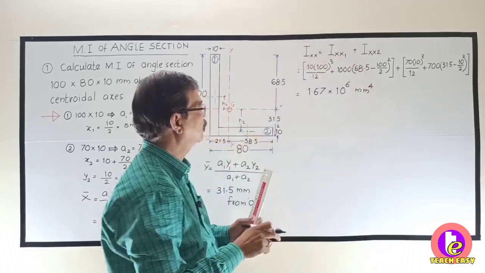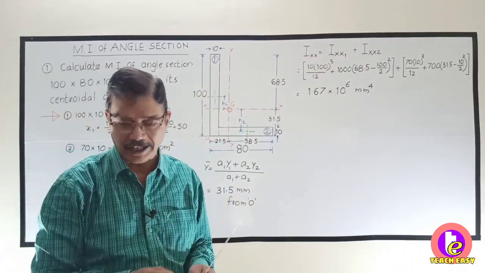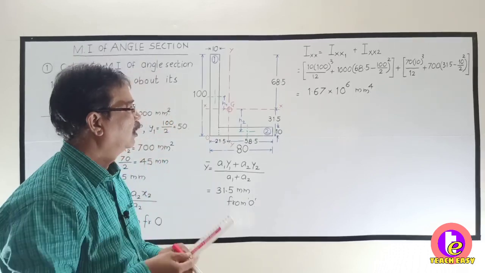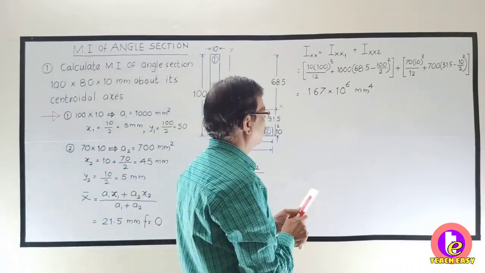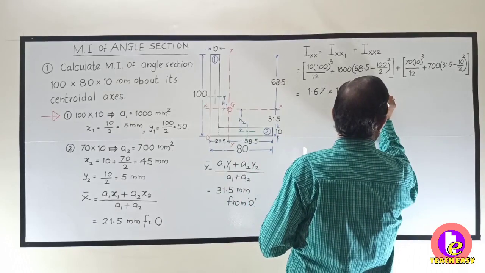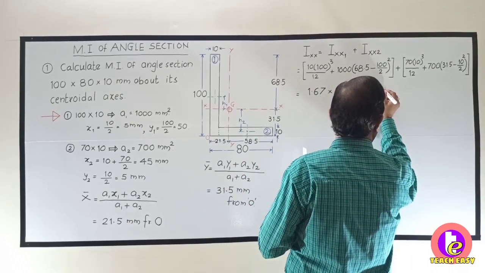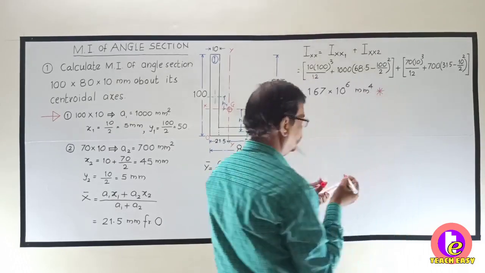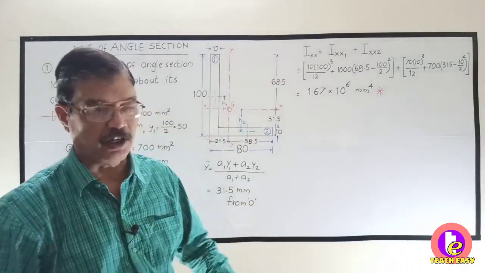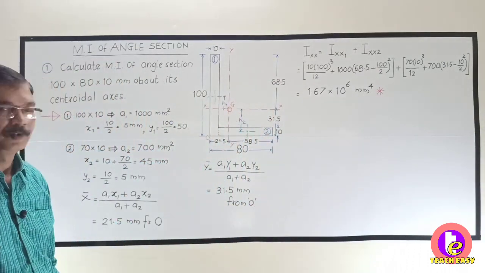You must get a habit of correct calculation. For that, a lot of practice is required. So this is the first answer, that is the moment of inertia of the angle section about the horizontal centroidal axis XX. Do you follow this?